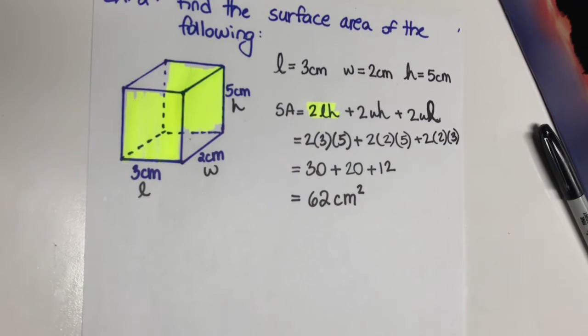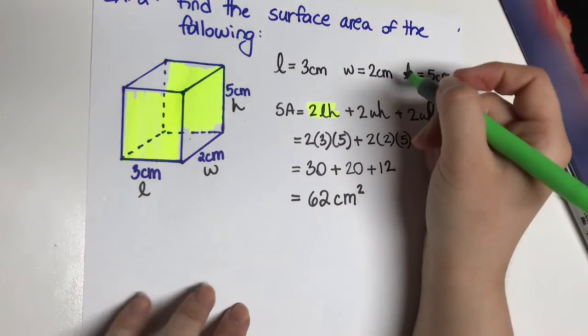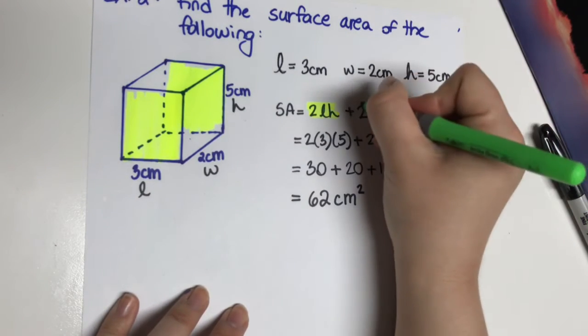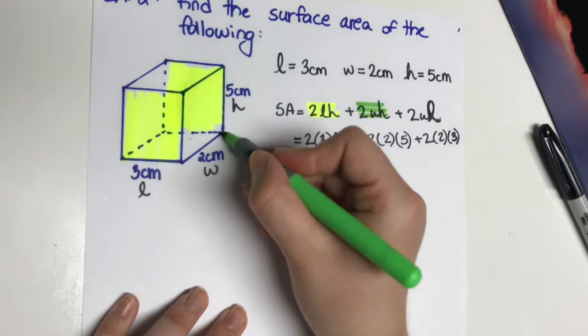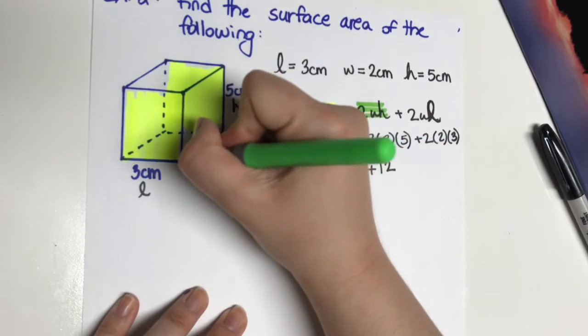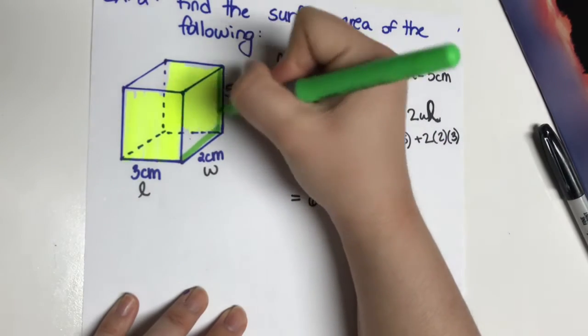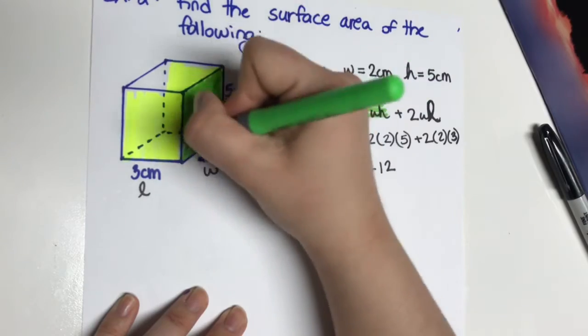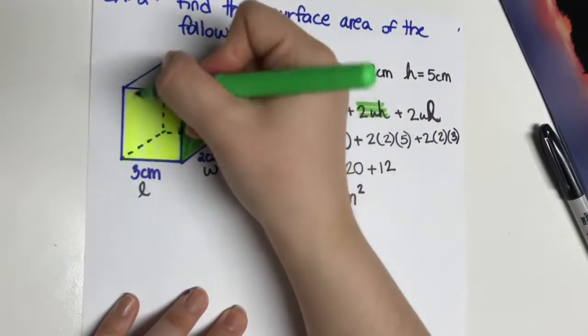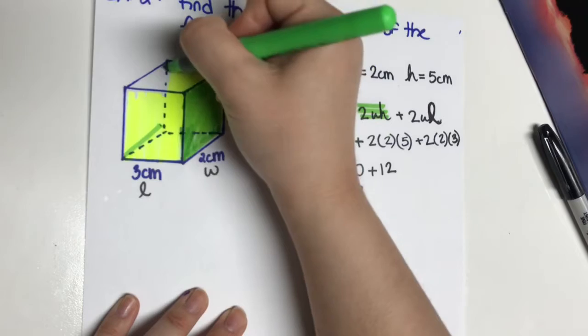Next, I have 2 times width times height. So width times height is this rectangle right here. And I also see it on the opposite side here, width times height.